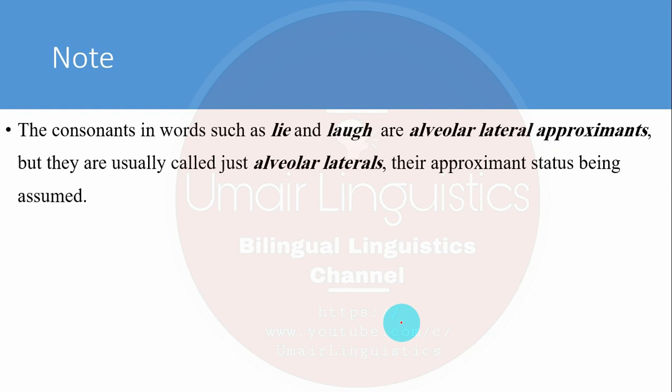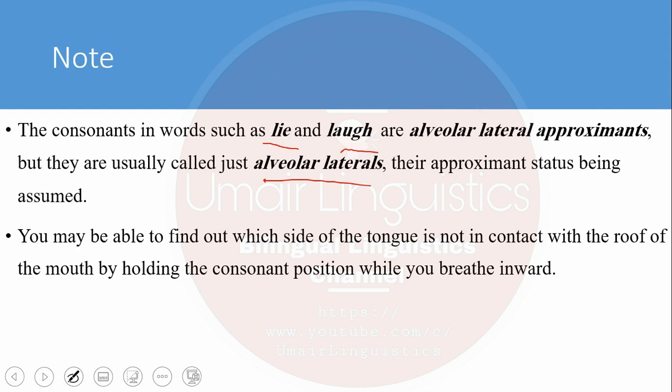And we must note that the consonants in lie and laugh are actually alveolar lateral approximants. Sometimes we just say alveolar laterals, because it is understood that alveolar laterals must be approximant.